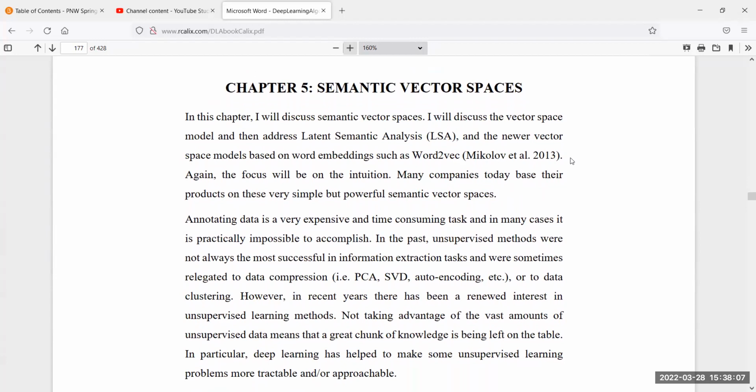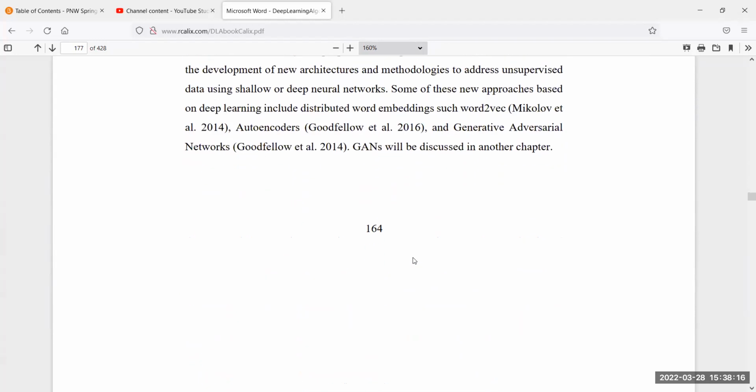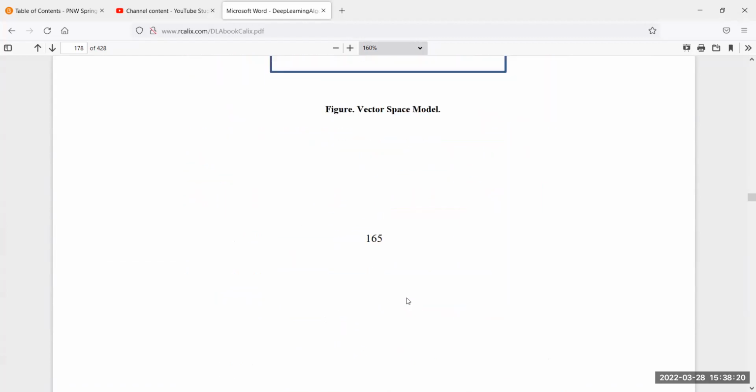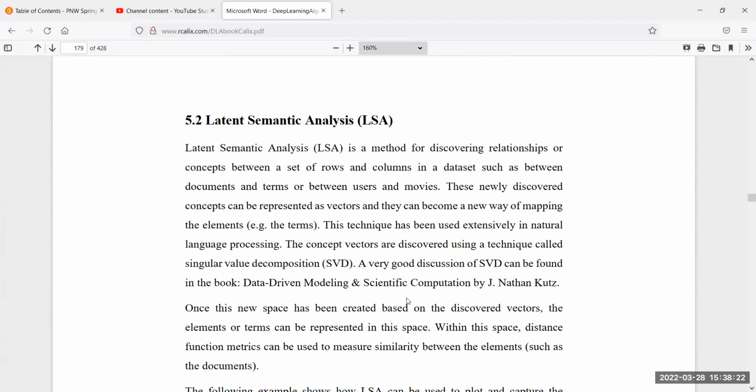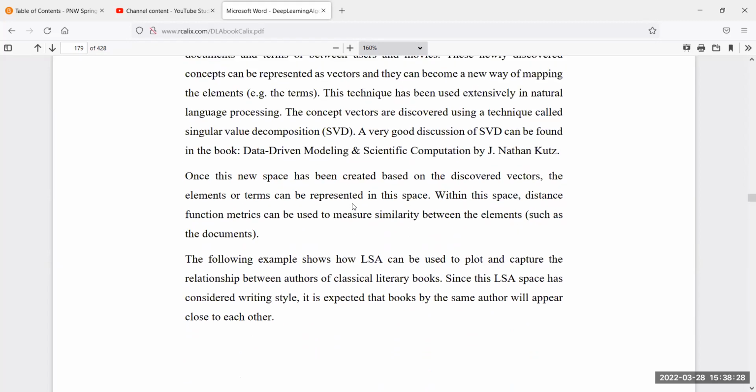As you can see, the story of word2vec starts with Mikolov et al. 2013, where it's using all these vector space ideas, and you can see a vector space here. Before word2vec, this came from latent semantic analysis. You can take a read through that one.